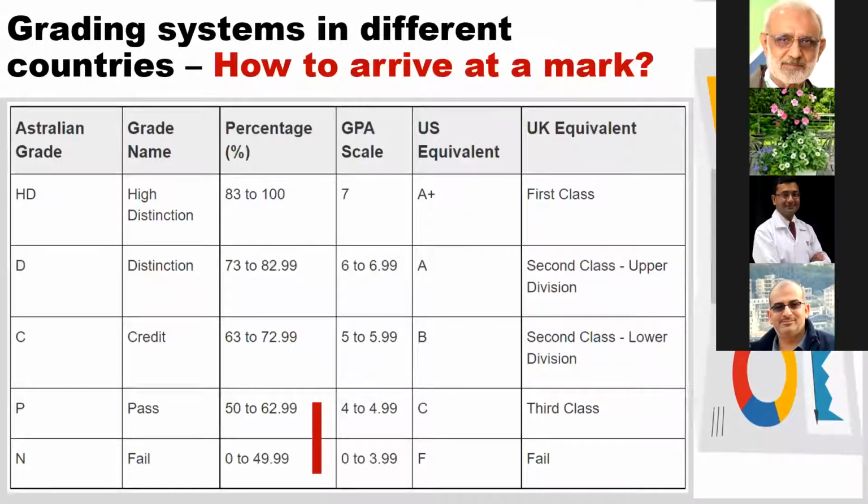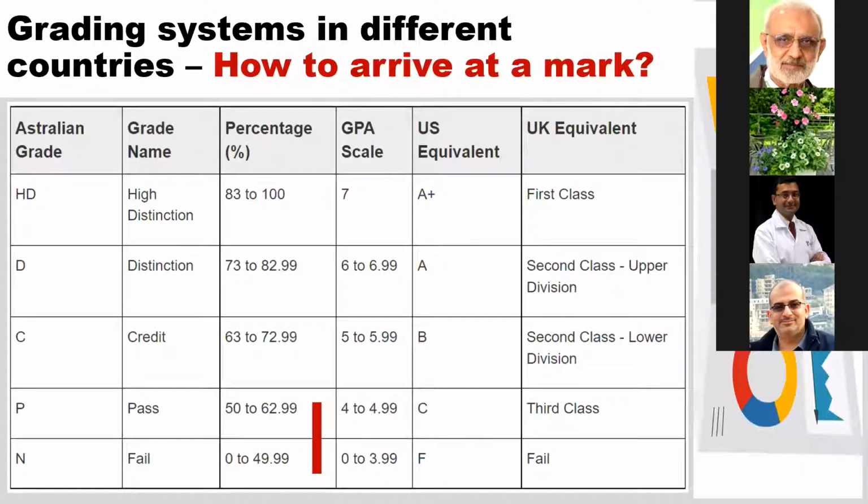Here is an example of grading systems in different countries. The grade names in Australia include high distinction, distinction, credit, pass, and fail.